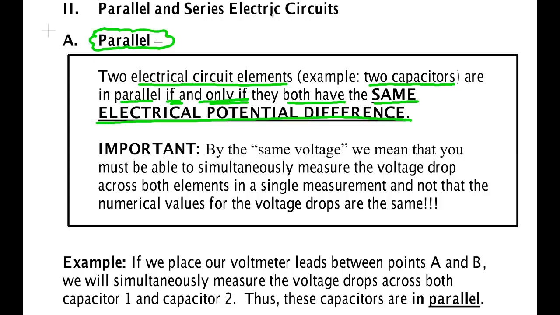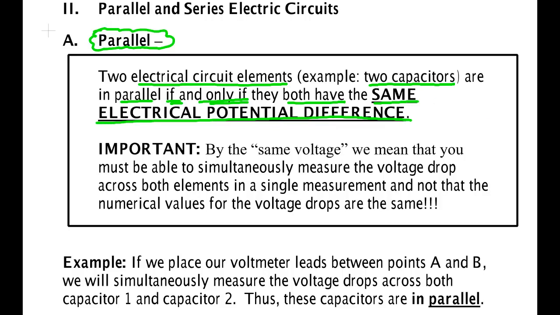They are the same voltage, the exact same measurement, not that two measurements give the same number. That's equivalent. So this says that if you measure one element's voltage, you simultaneously measure the voltage of another one if they are in parallel.